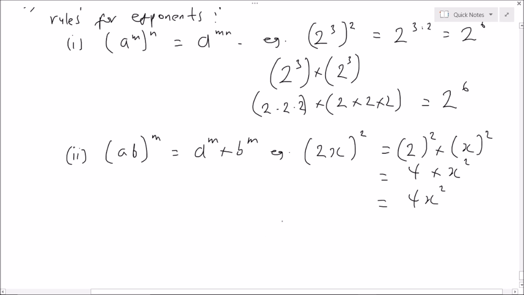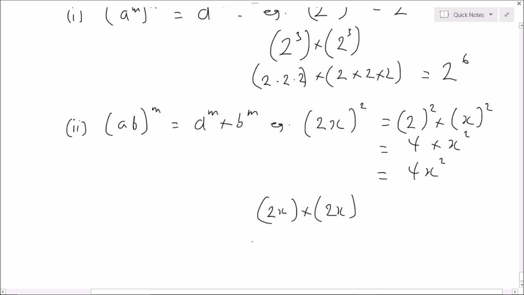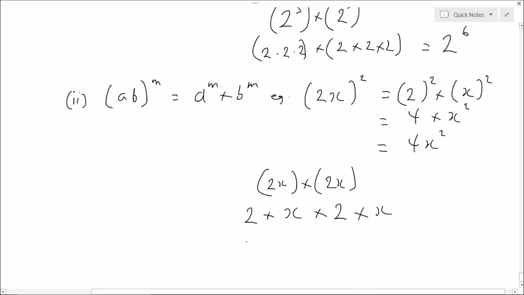Now again, you see that this rule is also true because 2s raised to the power 2 is the same as 2s times 2s. And if you have to expand it, that's 2 times s times 2 times s.